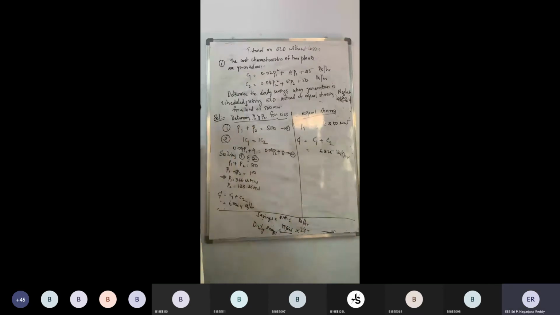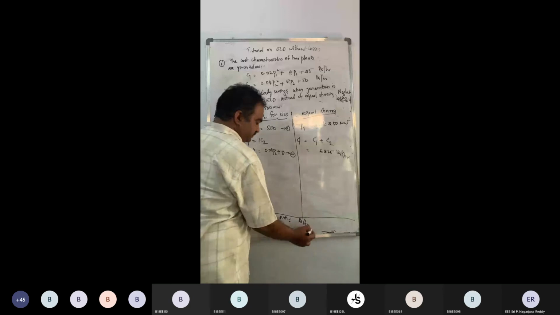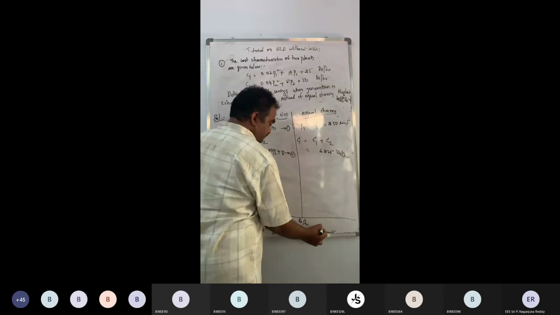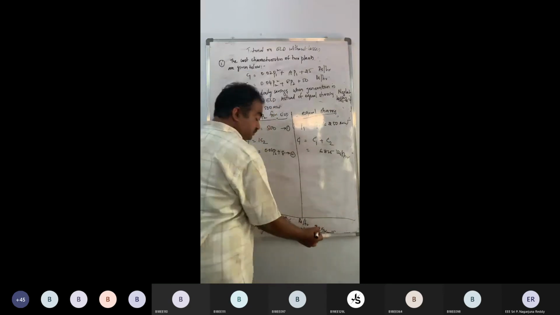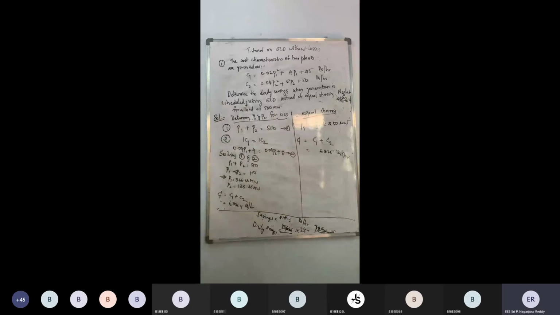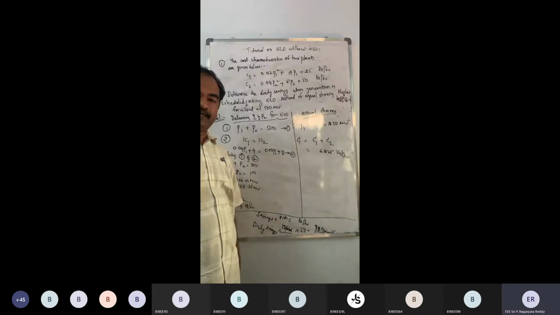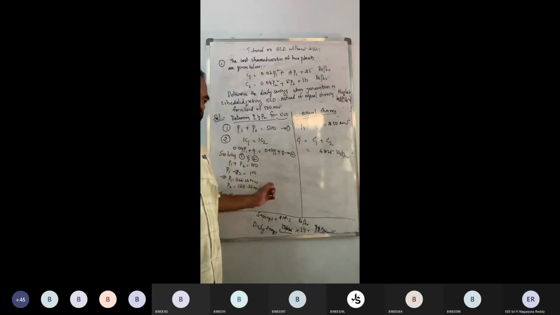This is going to be the savings, nearly 20,000 rupees saving per day if I go with ELD instead of equal share. I hope you have understood now how to solve the problem.